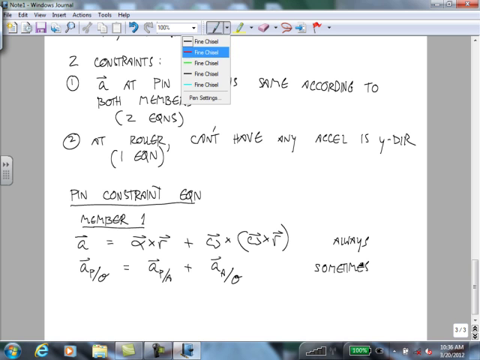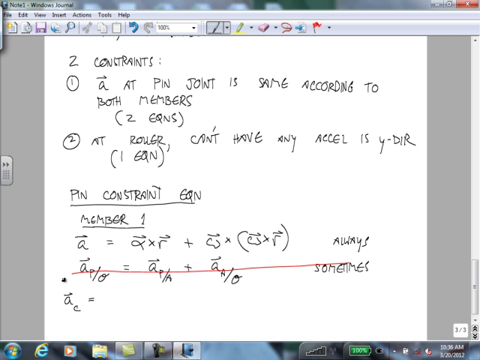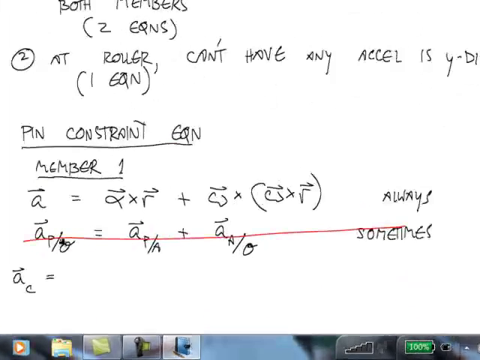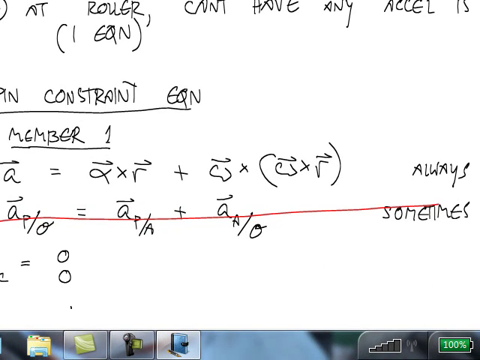Okay, so the acceleration of that point C is equal to the angular acceleration, 0, 0, alpha 1, crossed with that r vector. What's the r vector? The r vector is from your about point to the point that you're interested in.